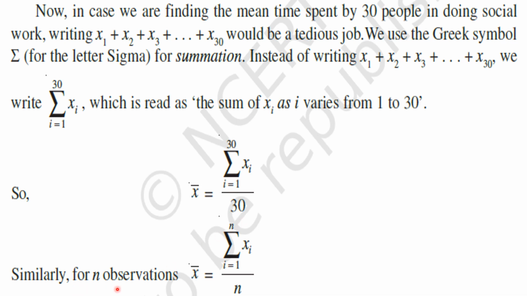Similarly, if n observations were considered, then x bar is equal to sigma i is equal to 1 to n xi by n. We have to use this formula for ungrouped data to find the mean of ungrouped data. Remember this formula, my children? Right.